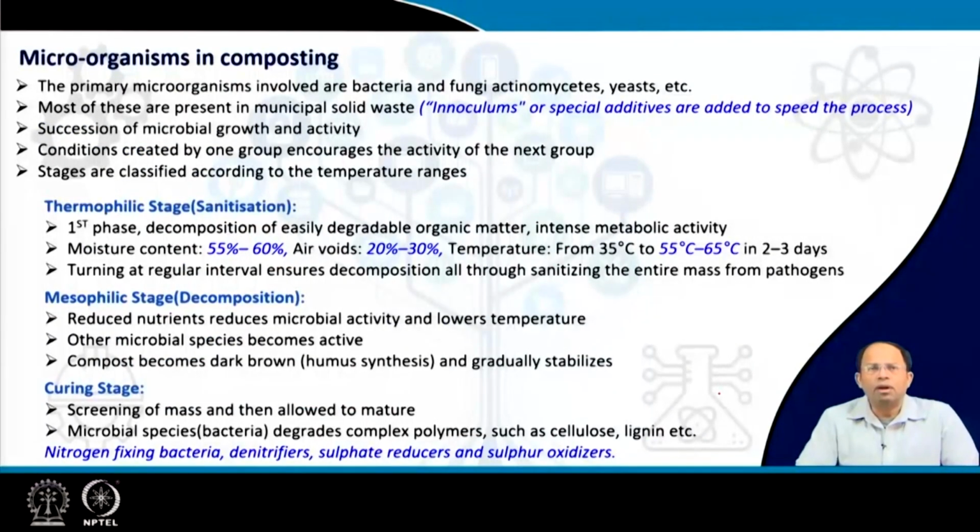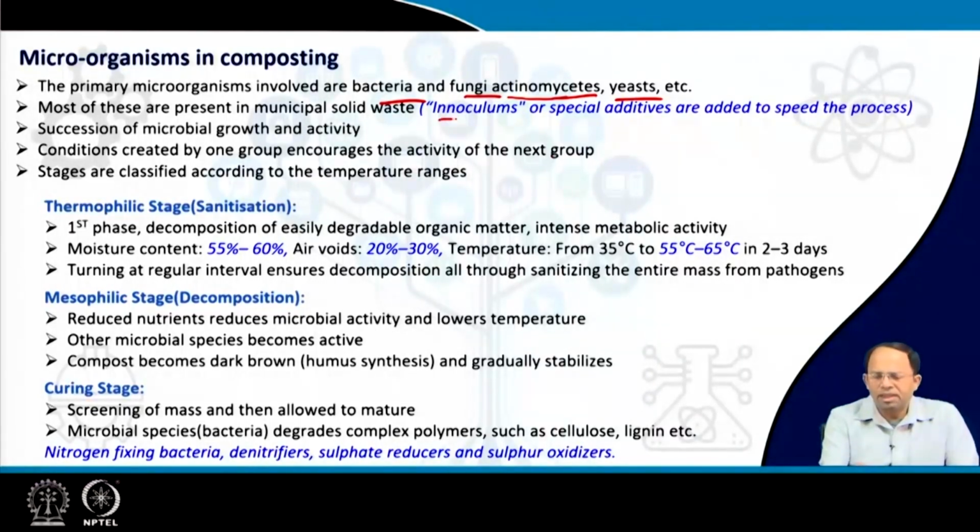Then coming to the microorganisms used in composting. Usually these are bacteria, fungi, actinomycetes and yeast. These are the different microorganisms that act upon compost. Most of them are already present inside the municipal waste, so we don't have to add anything extra.